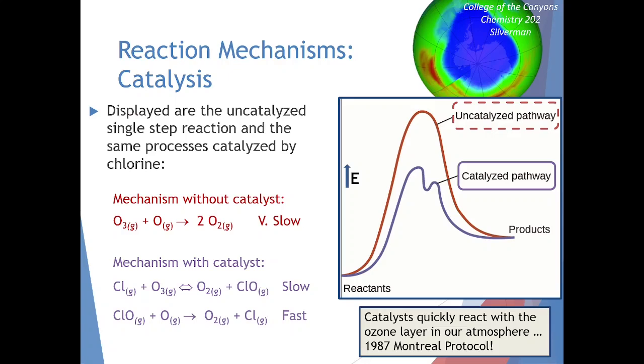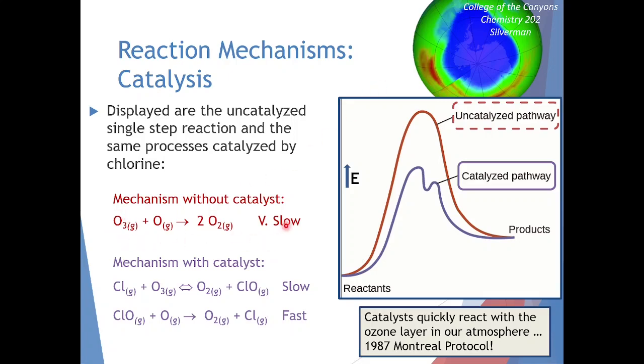Here's an example for us. We have some mechanism, ozone combining with oxygen to produce oxygen molecules. This is a slow reaction that occurs in the ozone layer of the atmosphere. Right? High up in the atmosphere, there's some ozone, this O3, which in small amounts is nice. It helps protect us from UV radiation from the sun.